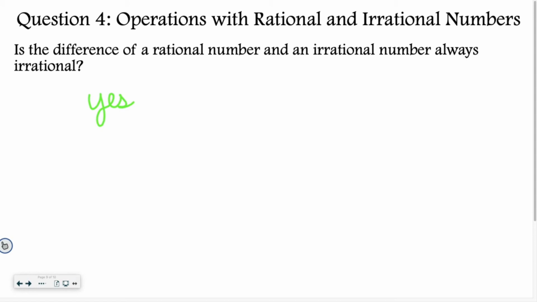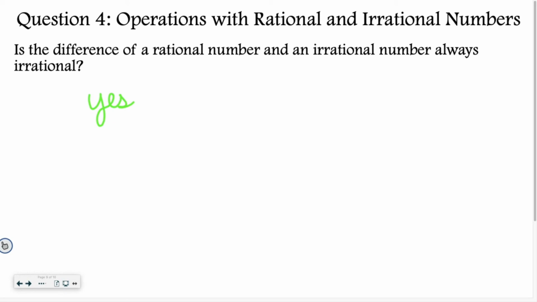On the last slide, we talked about how the sum of a rational and an irrational number was irrational. Now, if we think about difference, it is the same as sum, except one of your numbers is negative, right?